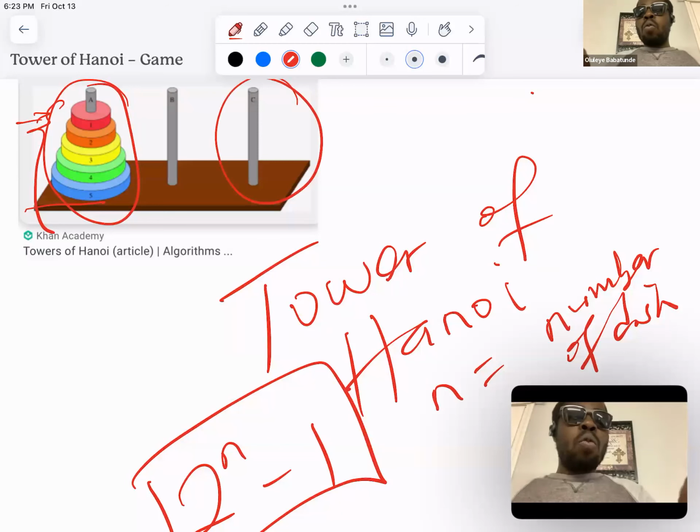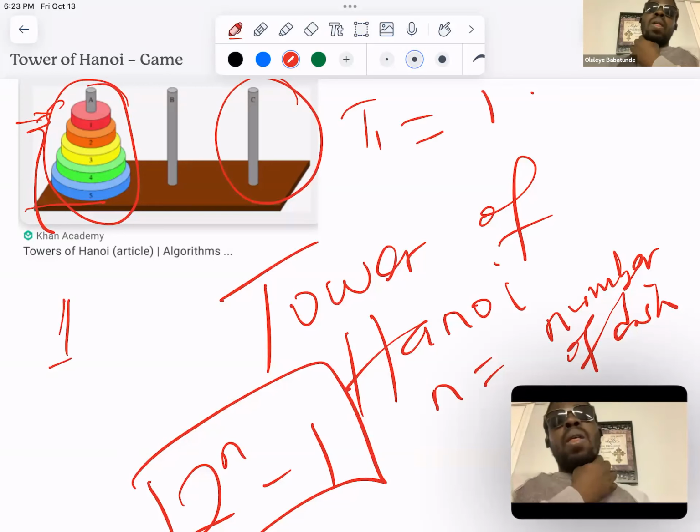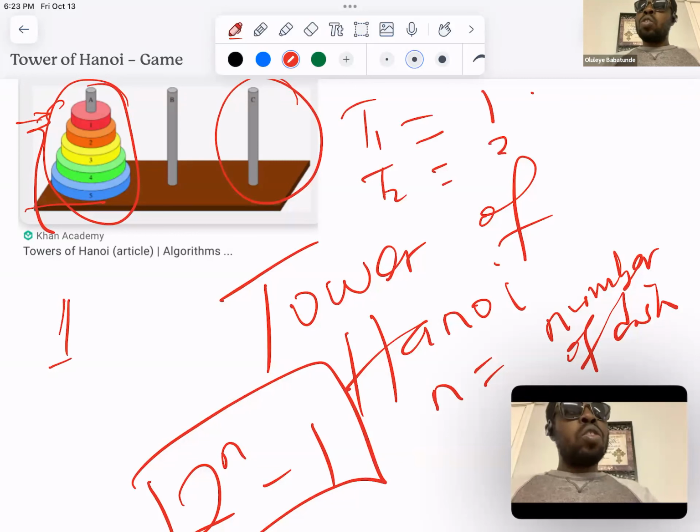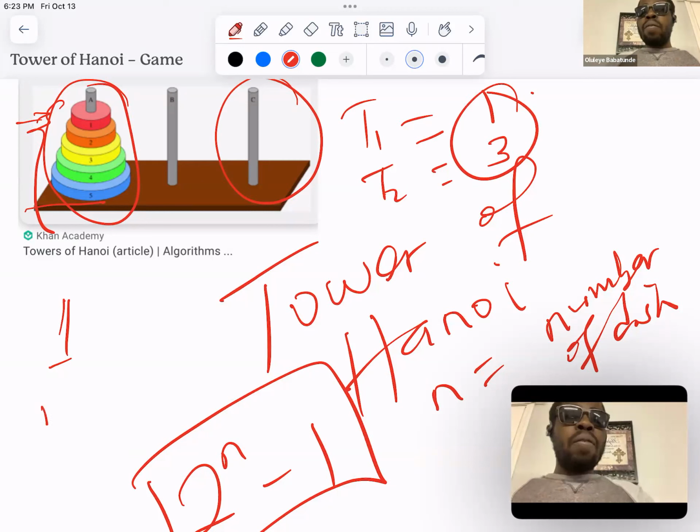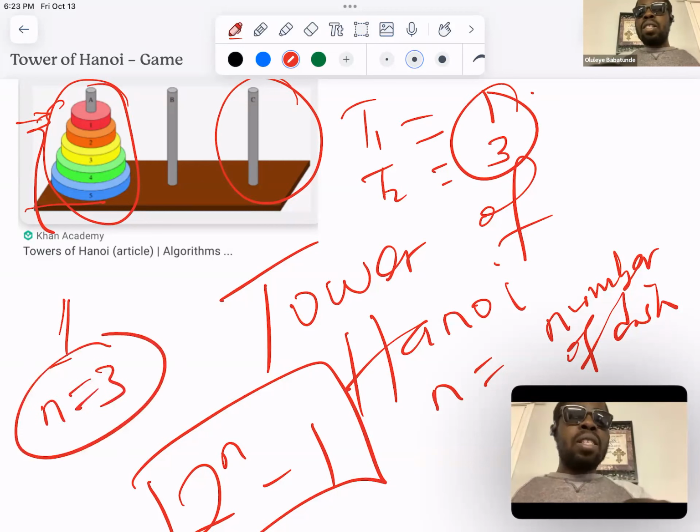If you have one disc, the number of moves is going to be 1. Very straightforward. And if you have 2 discs, the number of moves is going to be 3. These are the easiest ones. But if you have 3 discs, the number of moves is going to be 8 minus 1, which is 7.